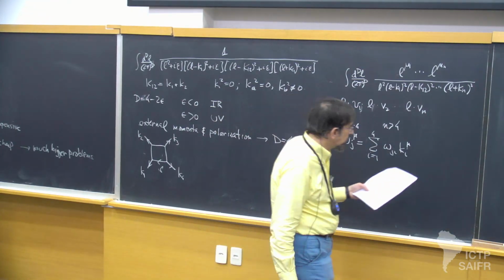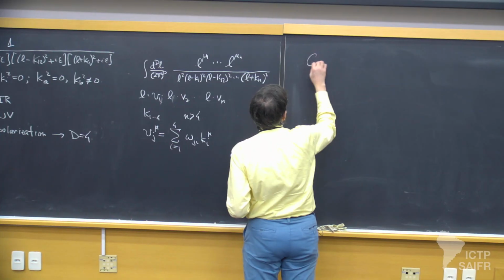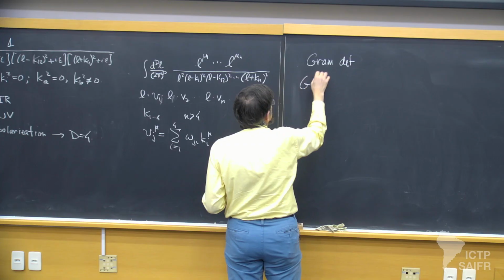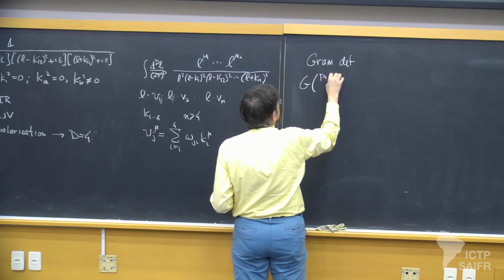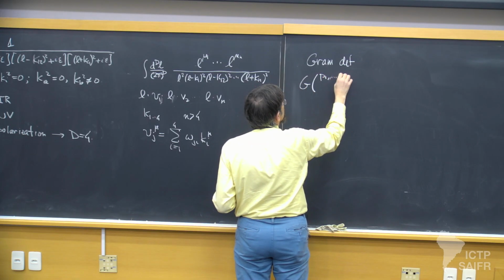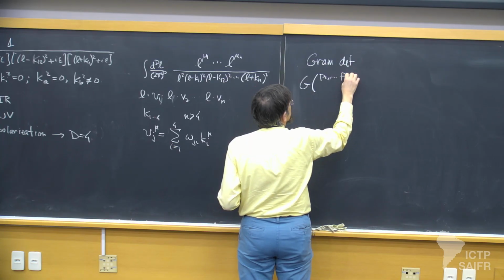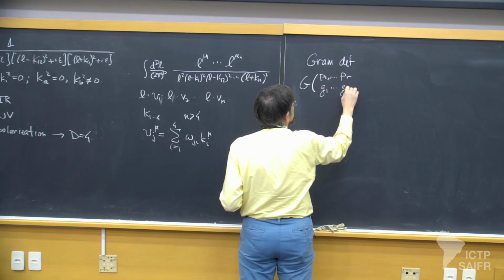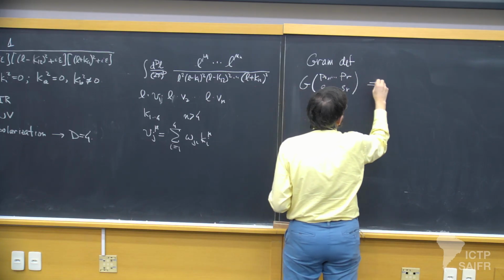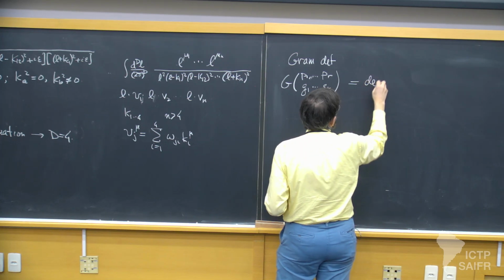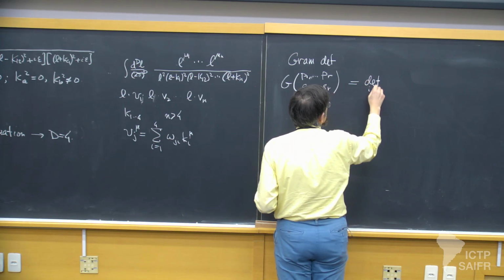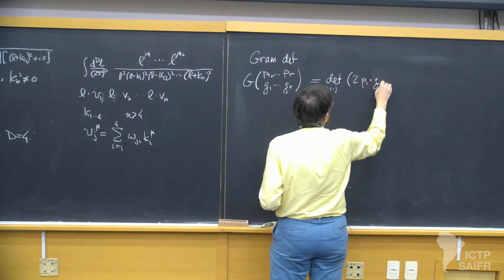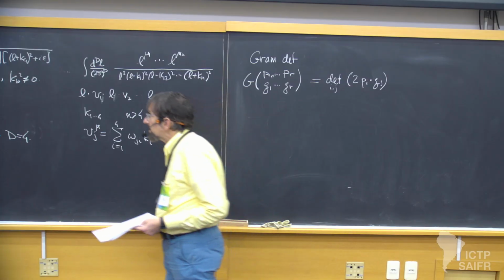And that's to make use of an object called the Gram determinant. So the general form, it's a function of 2 lists of momenta, here called P and Q. And it's the determinant of the matrix of dot products of these sequences of momenta.